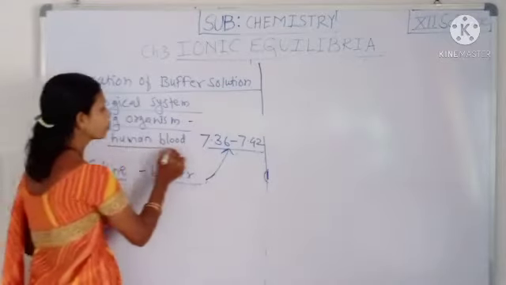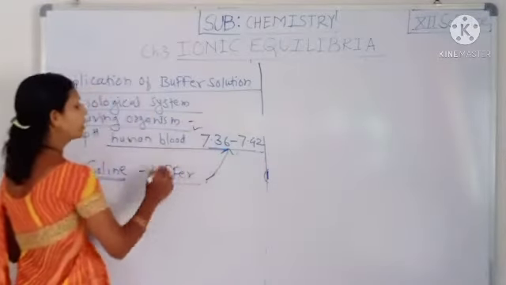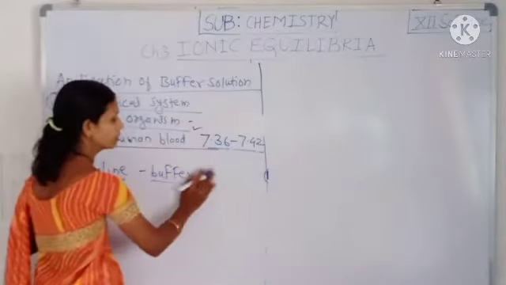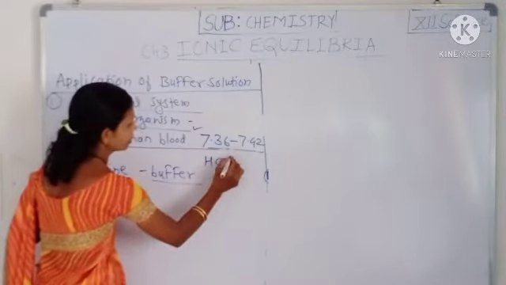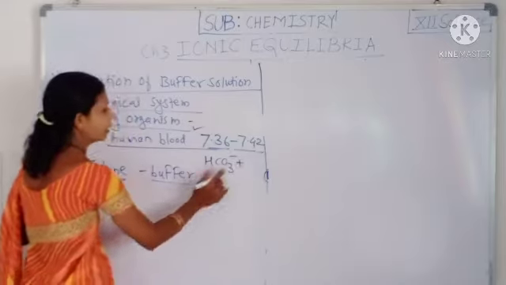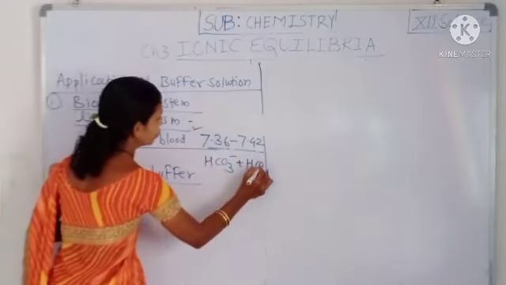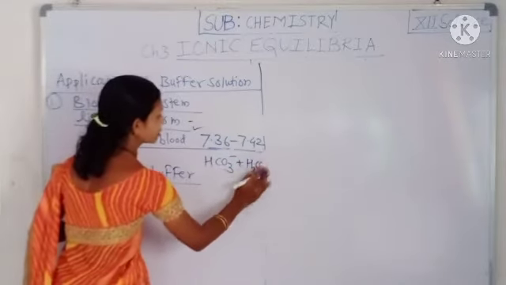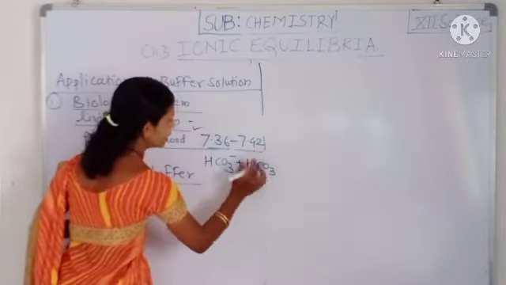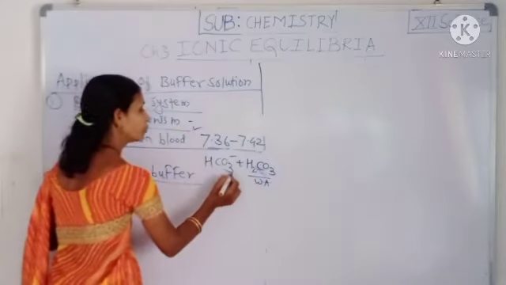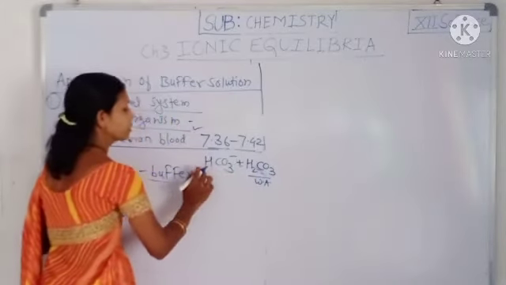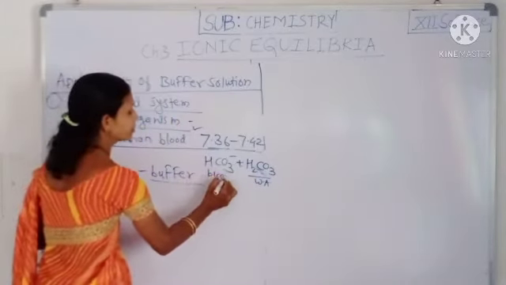That pH of human blood is due to HCO3 minus and H2CO3, that is carbonic acid, which is a weak acid, and HCO3 minus, that is bicarbonate ion.